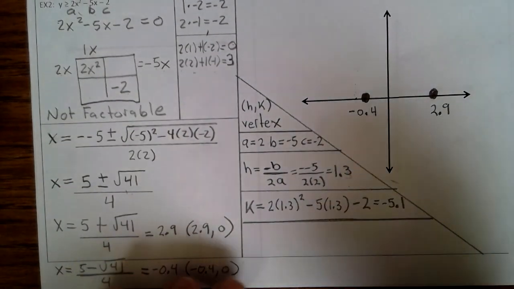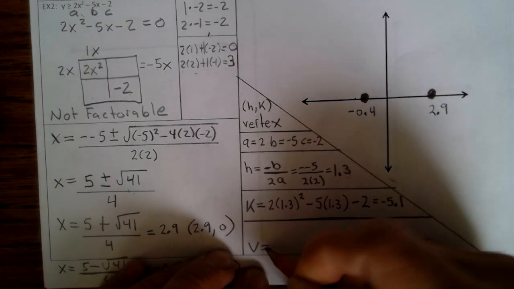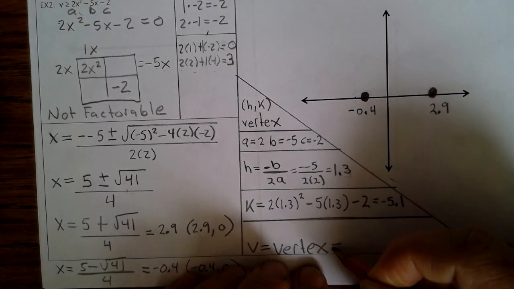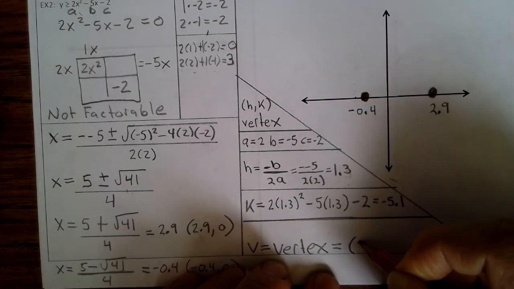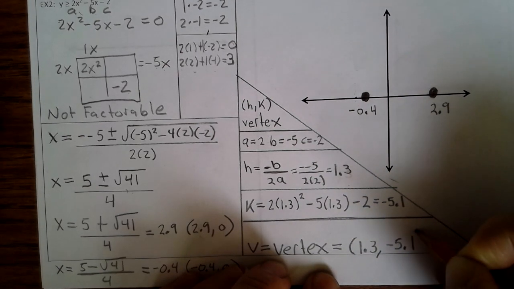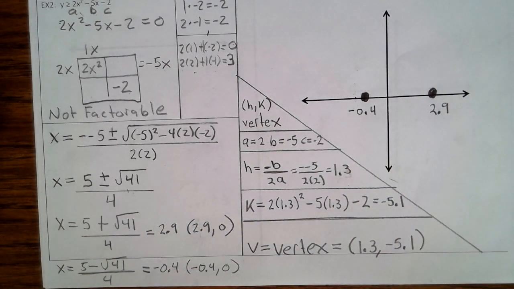Okay. So V, our vertex, is equal to 1.3 comma negative 5.1. Okay. Now, the reason why the vertex is important is it tells us if it's opening upwards or downwards.